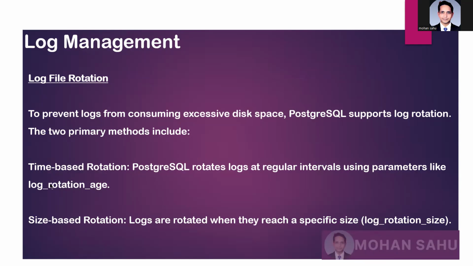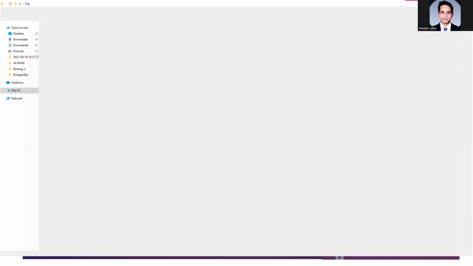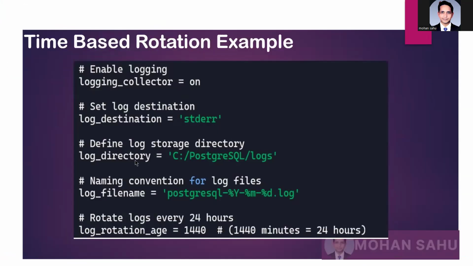In time-based rotation, we can set the time, like after this many days the system should create a new log file. In size-based rotation, using log_rotation_size, we can say how much size we need, and after that a new file will be created, right? This is an example of time-based rotation. These are the parameters: logging_collector, log_destination, which is stderr, and log_directory. Here we have this log directory.